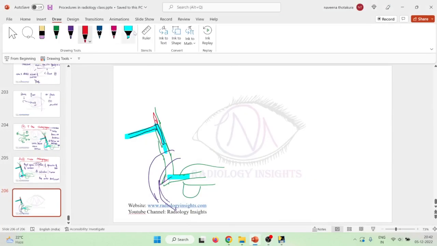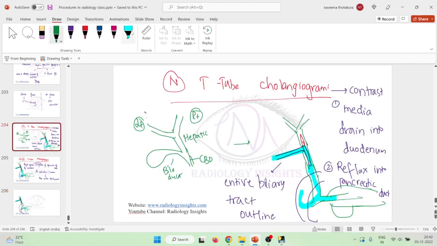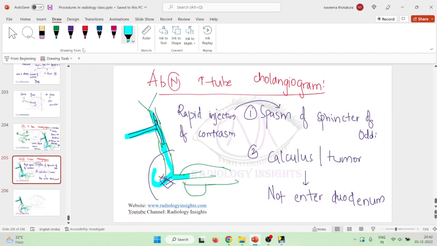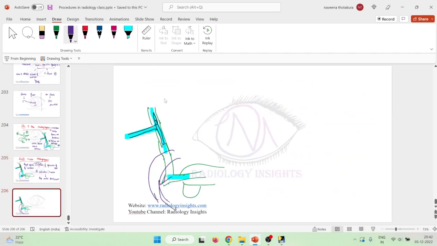actually the contrast media will also pass proximally. The contrast media will not only pass distally, but it will also pass proximally, like this. But if the contrast media fails to go proximally, then this is also an abnormal T-tube cholangiogram.